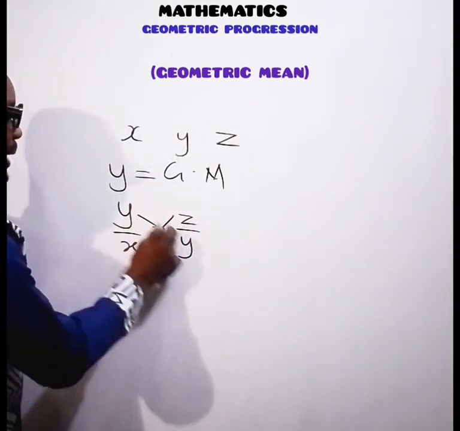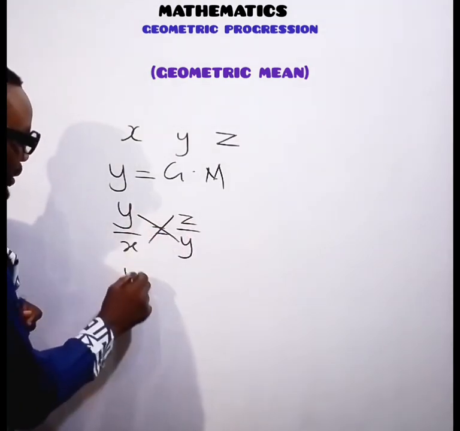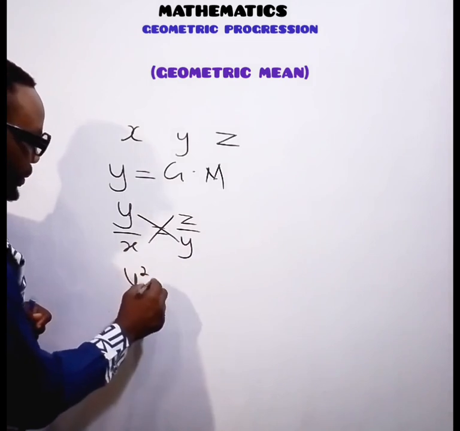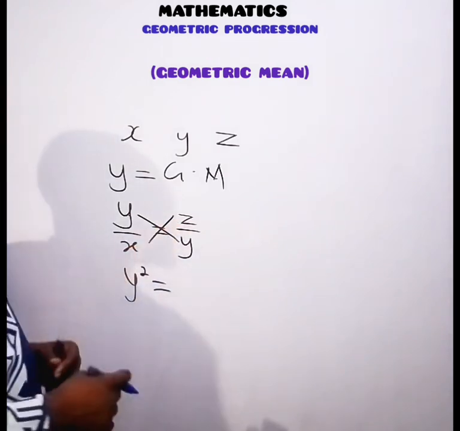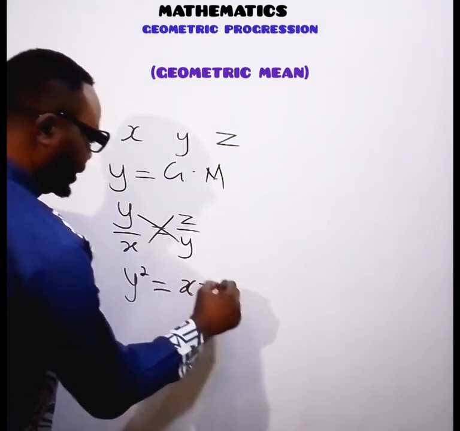If you cross multiply, we have y times y, which is y squared, is equal to z times x, that is xz.